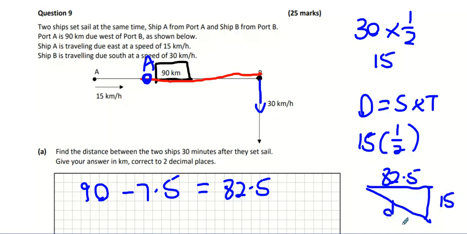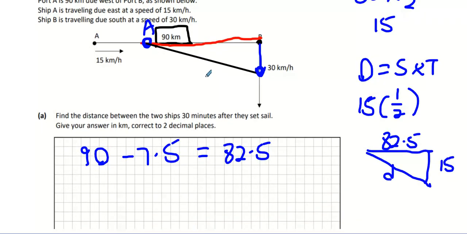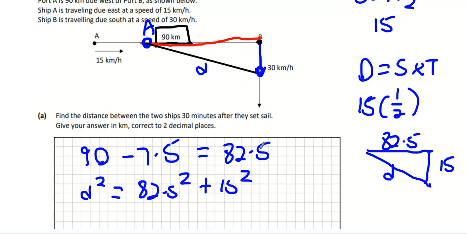And we're asked to find the distance between the two ships, which I can use as this black line here. Is that okay, everybody? Now we're going to use Pythagoras' theorem for this. So it's going to be d squared equals 82.5 squared plus 15 squared. Okay, throw that into the calculator.